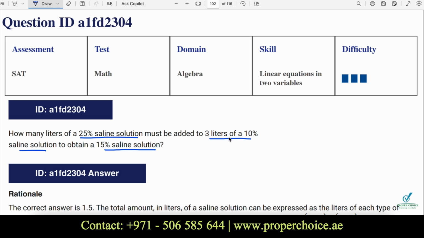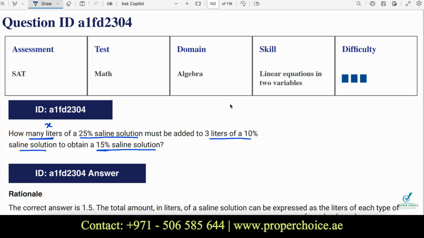When both solutions are mixed together, we should get a new solution that is 15% saline. As we don't know how many liters, we have to find it. So you can take 25% of x saline solution added with 10% of 3 saline solution should give me 15% of the total, isn't it? 15% of the total saline solution.